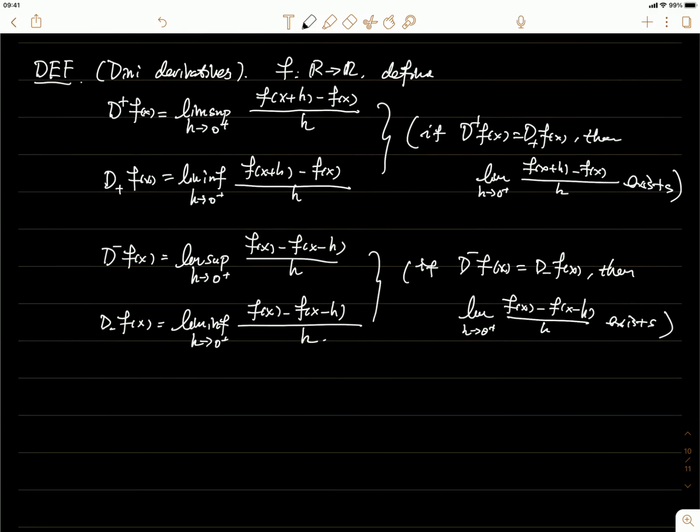And this is called the upper right Dini derivative.